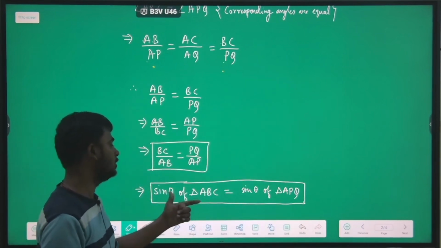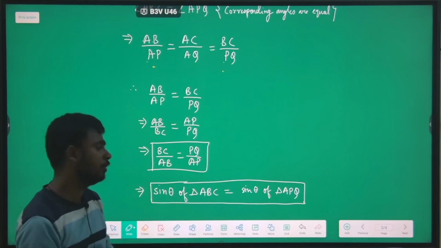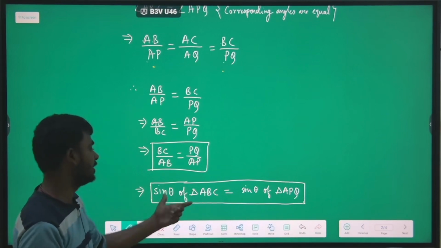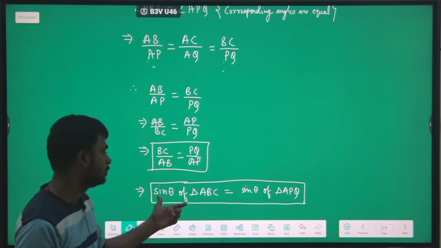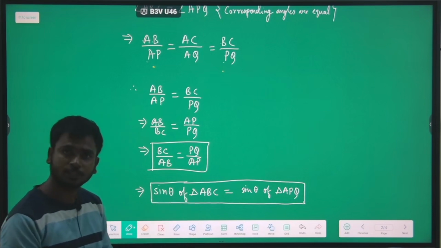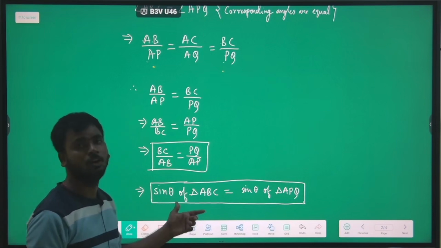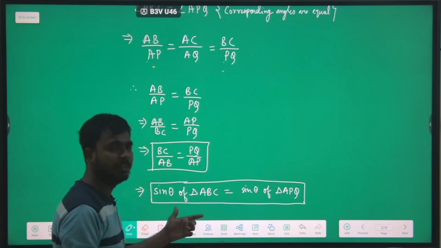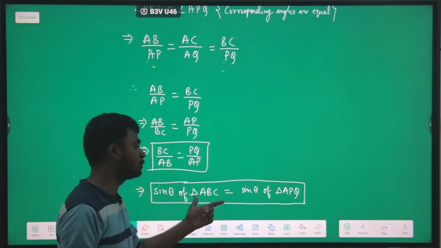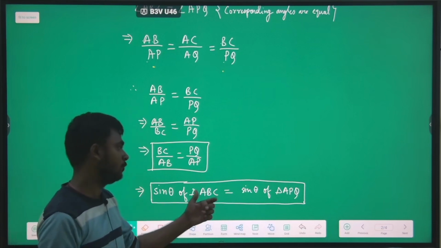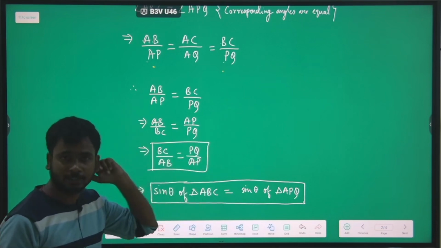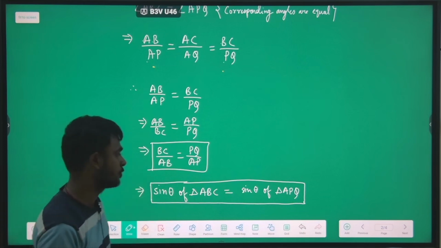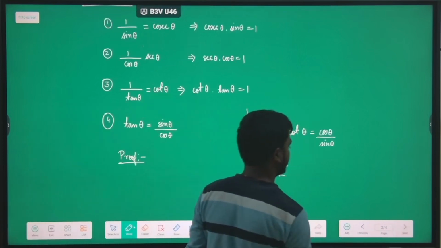Similarly, the case will be for cosine of theta, tangent of theta and all other trigonometrical ratios. It is very important because many questions will come that are solved by using the similarity concept.